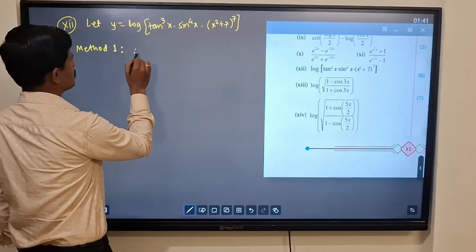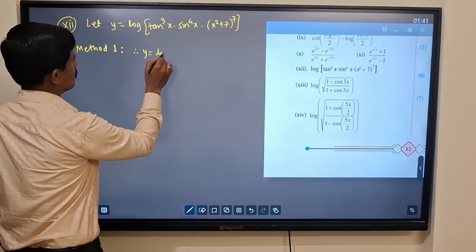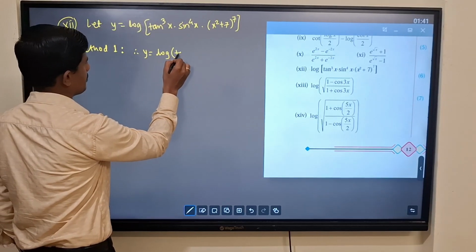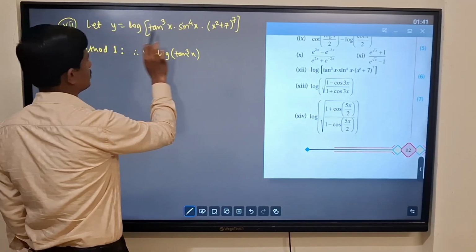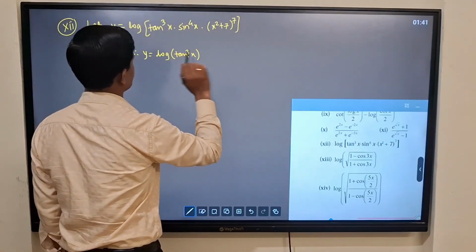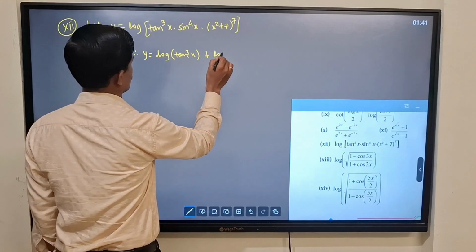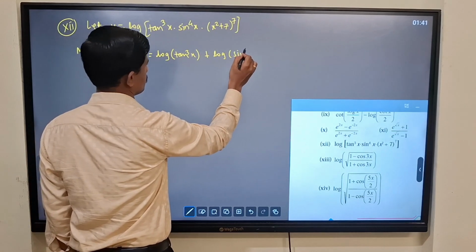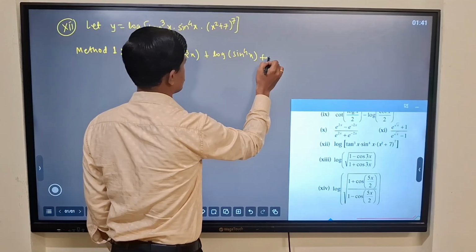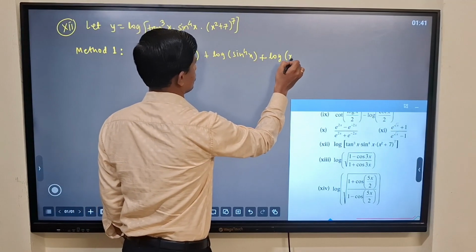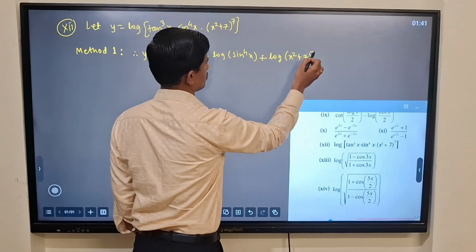Method 1, I will use log rule, y equal to log of tan cube x. After using log rule, this is in multiplication, so it gets converted into addition, plus log of sine raised to 4x plus log of x square plus 7 raised to 7.